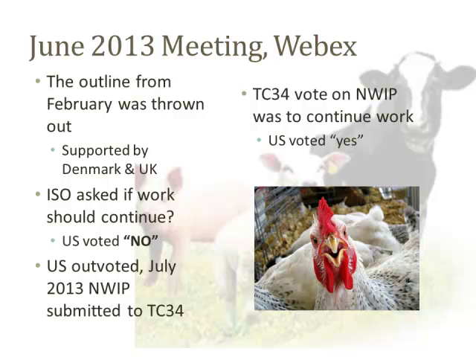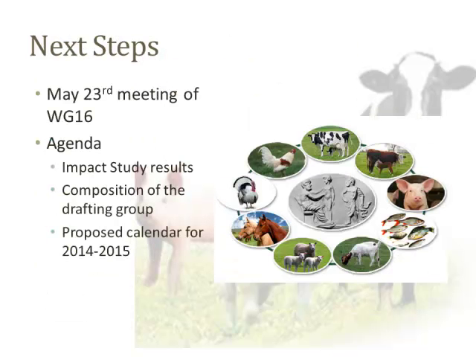So the U.S. decided, as a strategic move, to vote yes, so that we could be part of the drafting group going forward, because it was not going to die. We'd voted no, and then we voted no again, and we couldn't kill it. And to be in a good position to move forward, we voted yes. So that gets us to the end of last year.